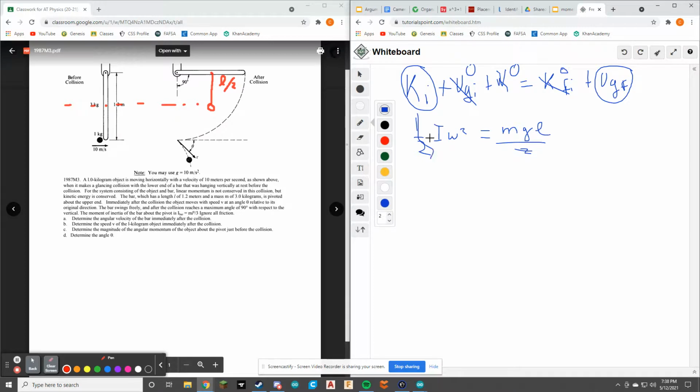The 1/2s cancel out. Then we use our moment of inertia equation, which is 1/3 mL squared, omega naught equals mgL.